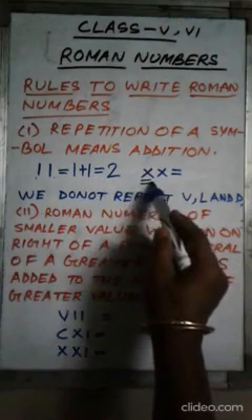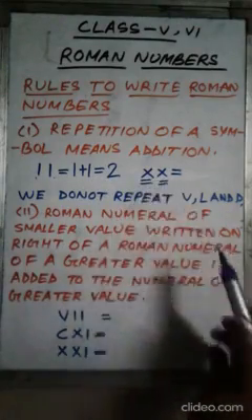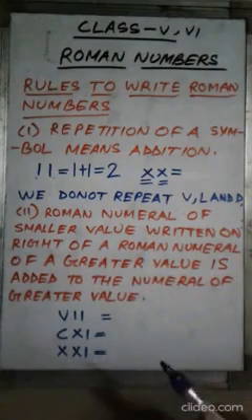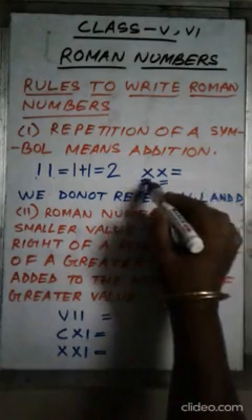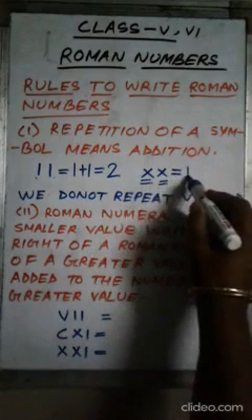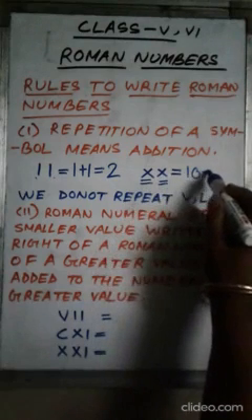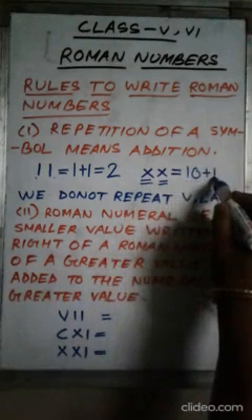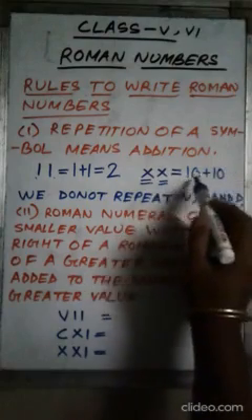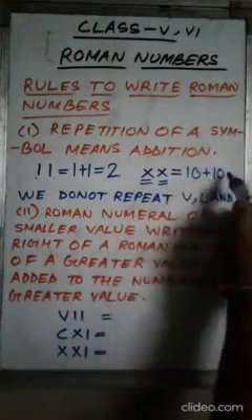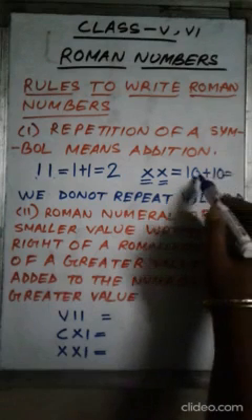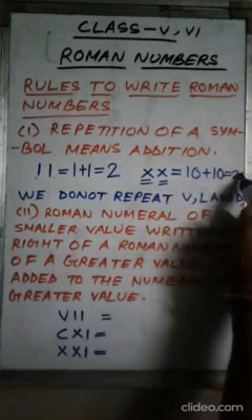Here also X and X, the symbol is repeated. So for X we know that in decimal it is 10. For this symbol I have to add 10 to this symbol. 10 plus 10 is 20.